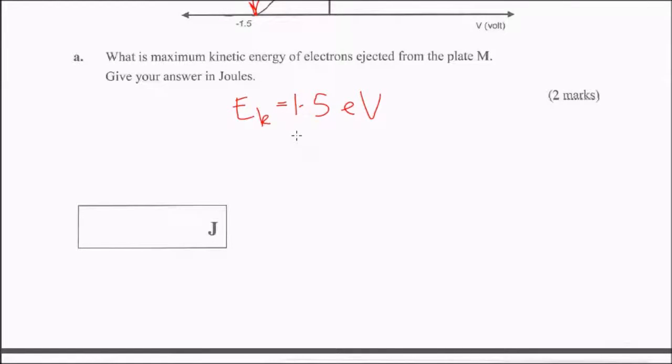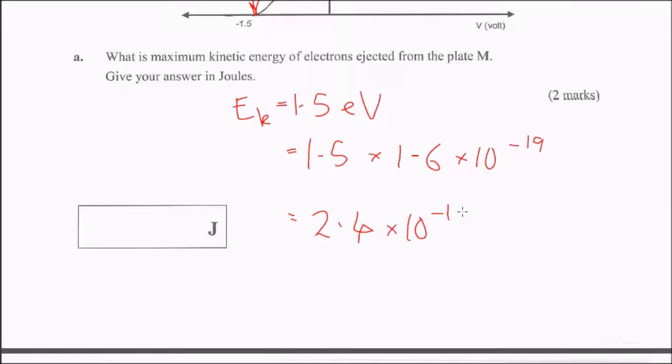The only thing we have to do here is convert this to joules. The calculation there is to multiply it by the charge on the electron, 1.6 times 10 to the minus 19, and our answer for this one is 2.4 times 10 to the minus 19. So 2.4, make sure you write your answers in the box.